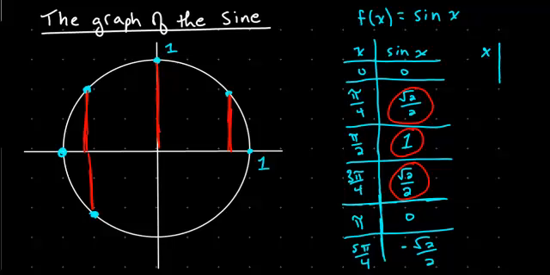x, sine x. And so let's say at the radian measure, what's that, 1, 2, 3 pi over 2? What is the height? Well, the height is negative 1.